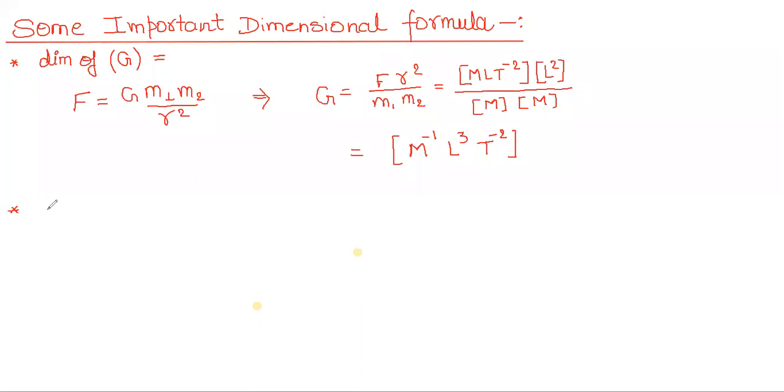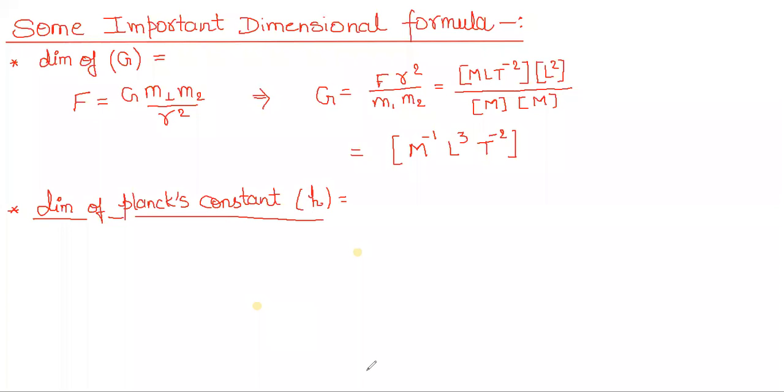Now, similarly, write the dimension of Planck's constant H. To solve this, firstly remember one relation of H. We know that E is equal to H nu, where E is the energy, nu is the frequency, and H is the Planck's constant.